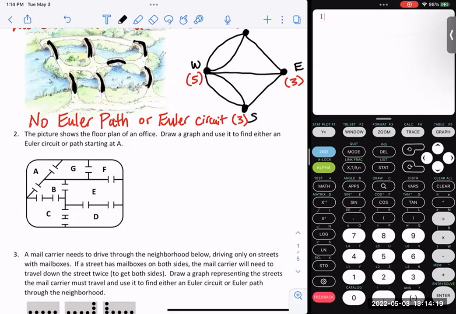So that would make the doors my edges. So I'm going to start just by putting each location here. So I'm going to have, let's see, 1, 2, 3, 4, 5, 6, 7 vertices. Again, yours might look slightly different just because it depends on where you put them. I'm trying to put them where they are on the picture.